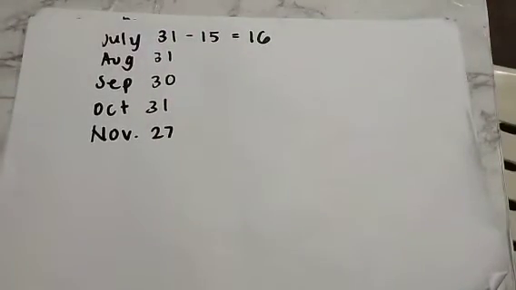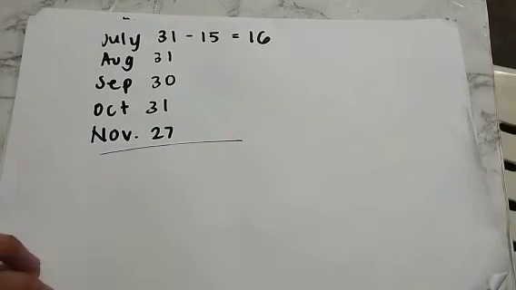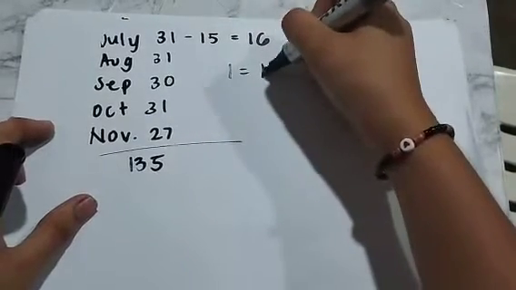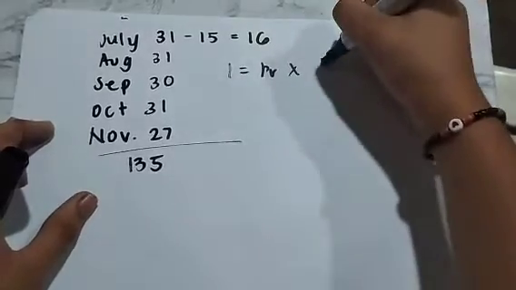Okay? After that, i-add natin silang lahat. So, 16 plus 31 plus 30 plus 31 plus 27 is equal to 105 days. So, after nyan, isa-substitute na natin. So, again, this is the formula.